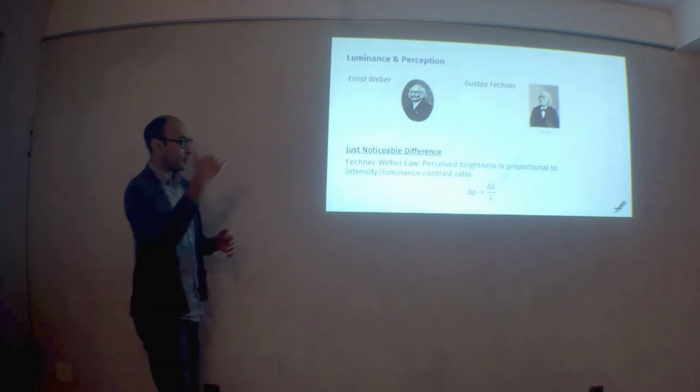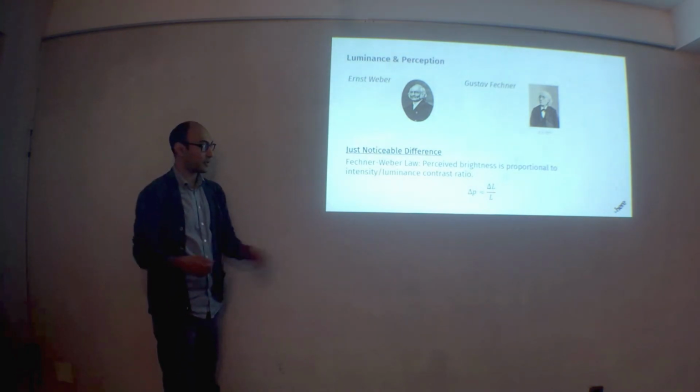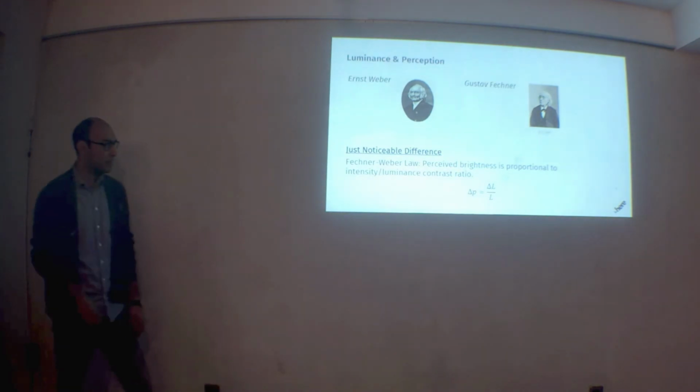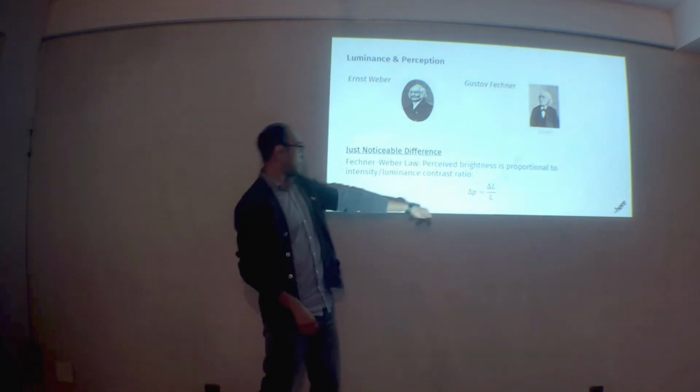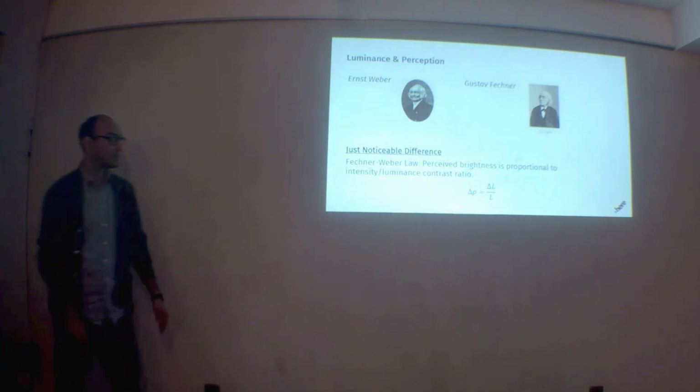And looking at the data, besides saying that when the luminance level is higher, or the weight is higher, you have to add more for somebody to notice, he actually noticed a formula. Here we note a change in perception, perception having units.